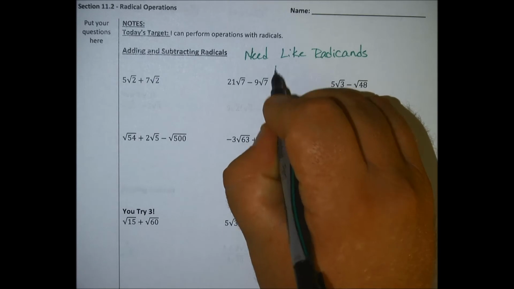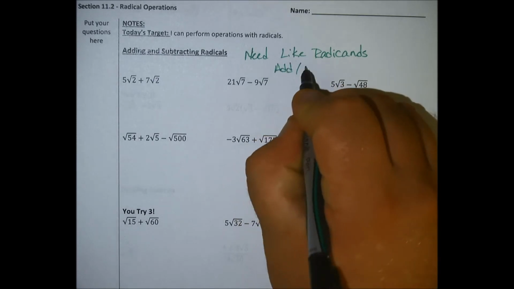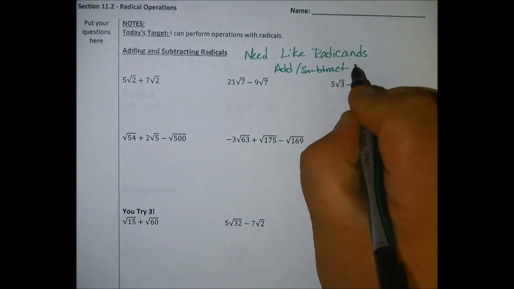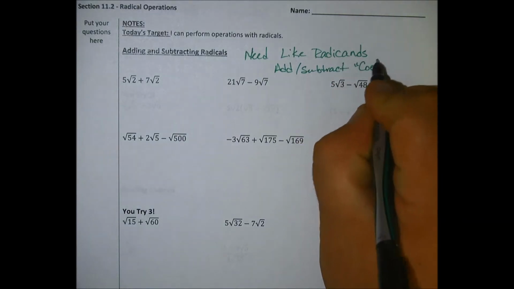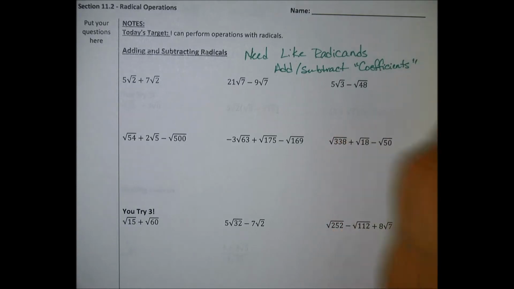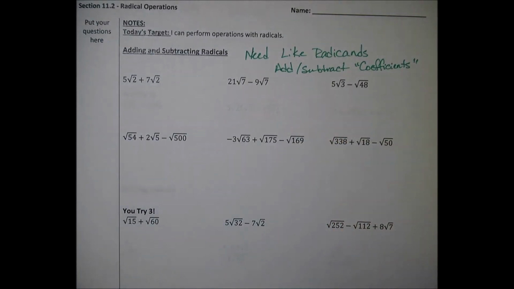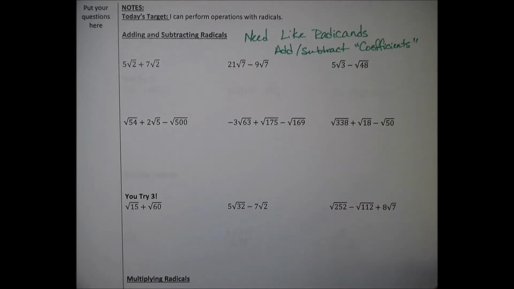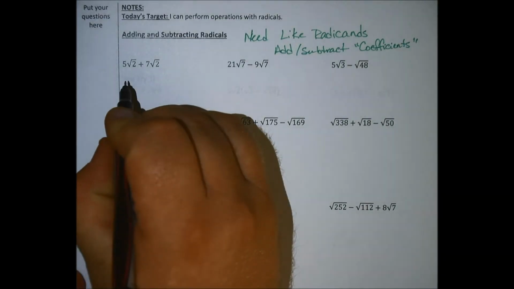And then we just want to add or subtract the, I'm going to call them coefficients, because that's what they act as. Like when we were combining like terms in polynomials, we're doing the same kind of thing here, but instead of having variables after the coefficients, we have square root signs. So it gets pretty easy here.